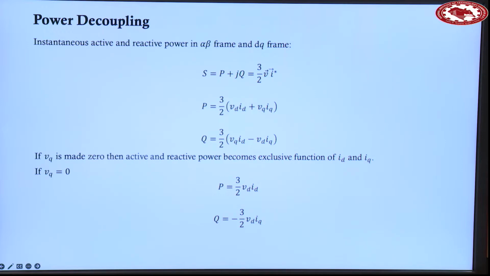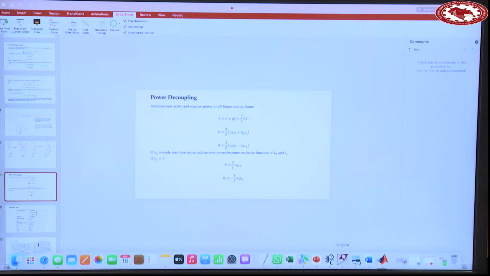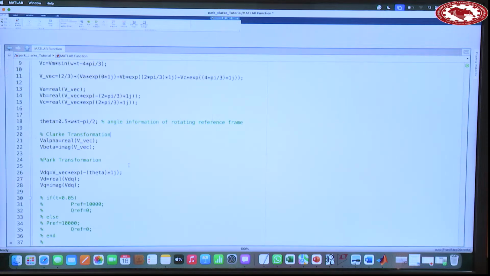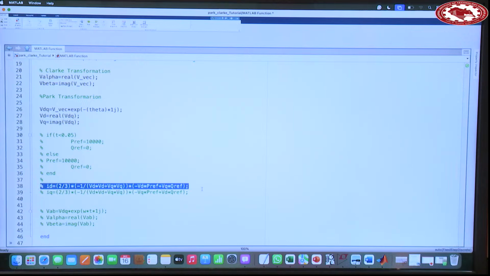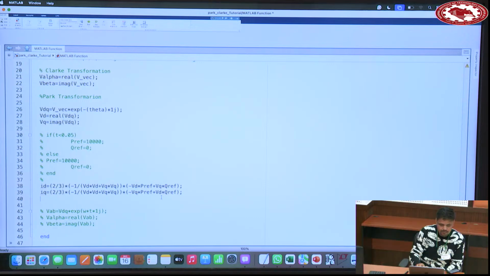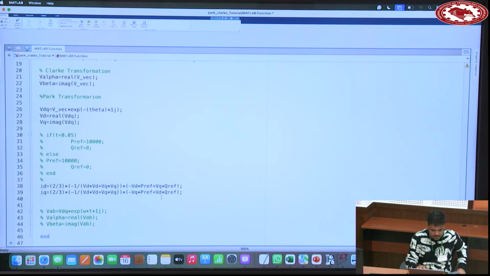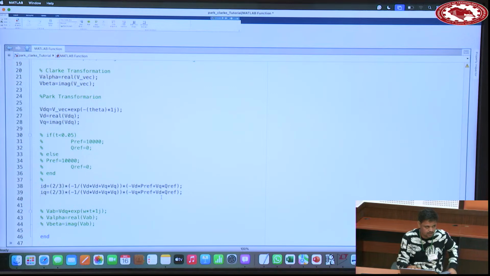The same I tried to write in this. See, ID is equal to 2 by 3, because 3 by 2 is there, 2 by 3 will be there, and then the determinant of the matrix, which will be minus of VD square plus VQ square.